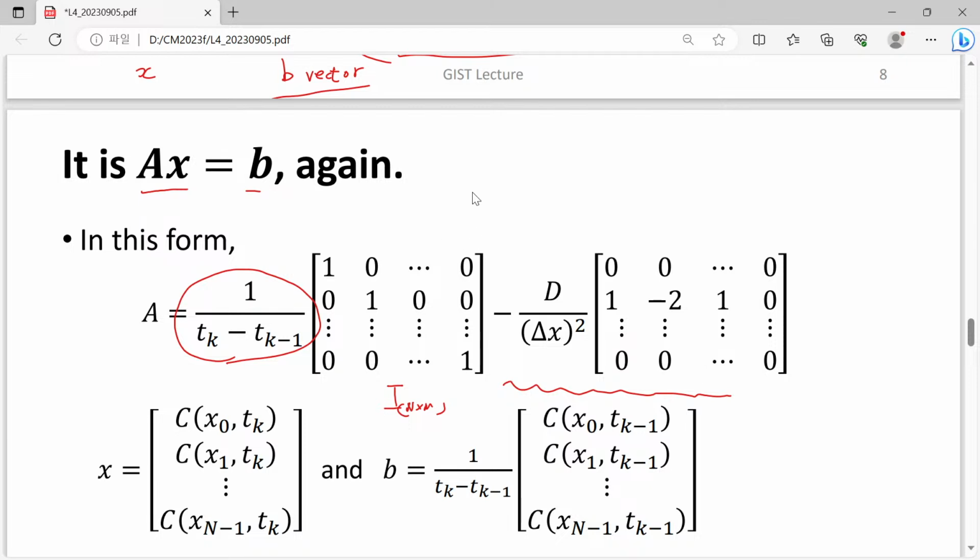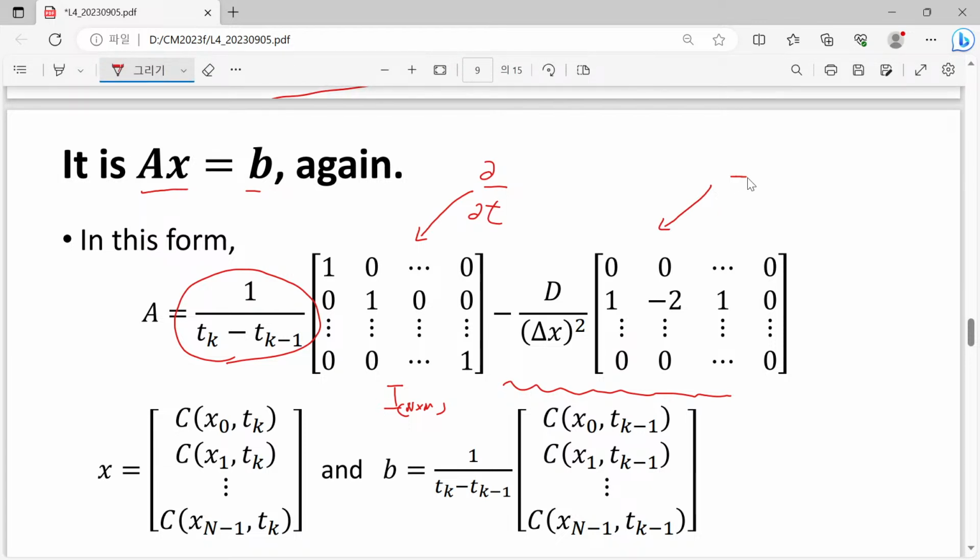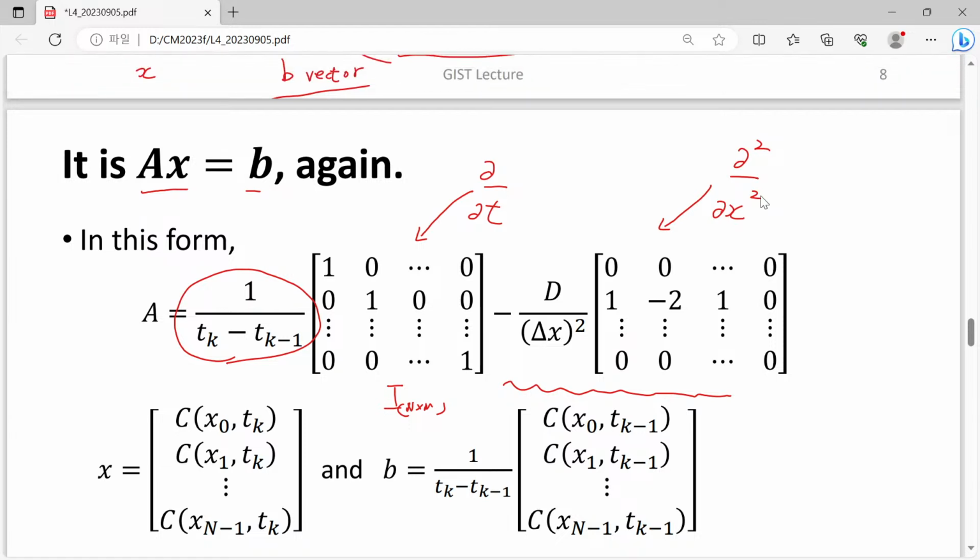One originates from your time derivative, and the second originates from your real space derivative. So these two physical mechanisms are combined into our A matrix. That's the reason why, by solving with this A matrix, we can consider the combined effect of time derivative and real space interaction. Sounds quite reasonable.